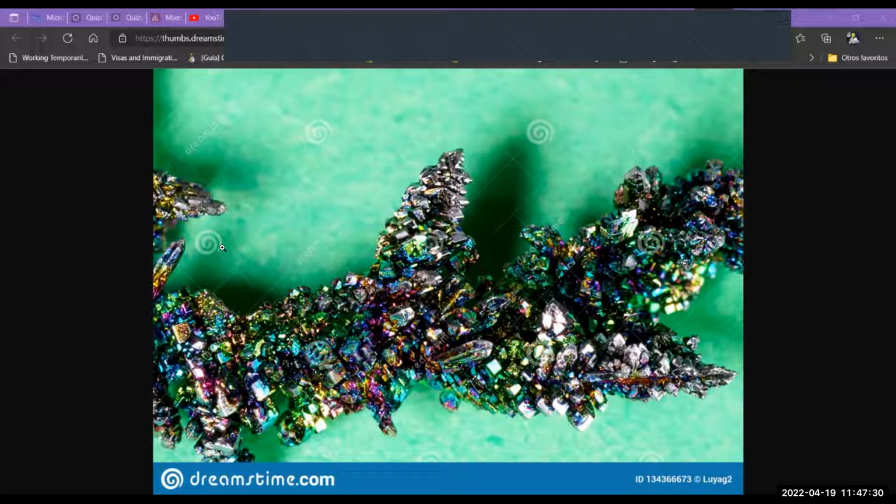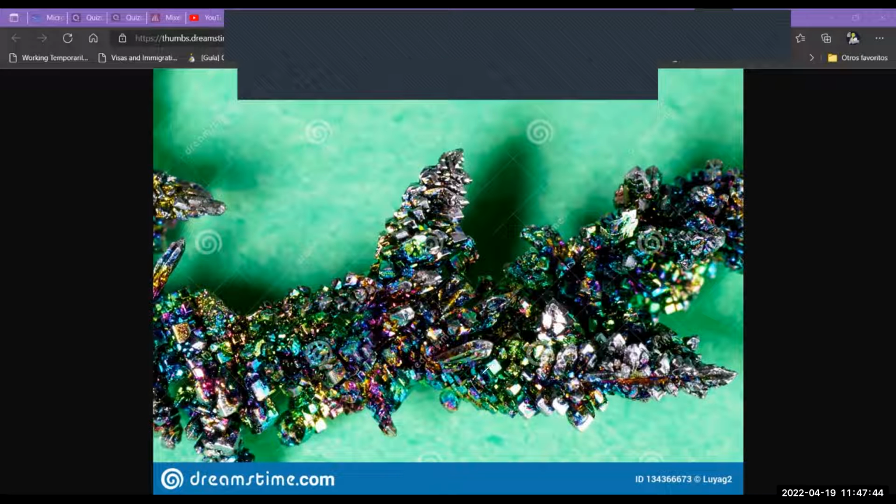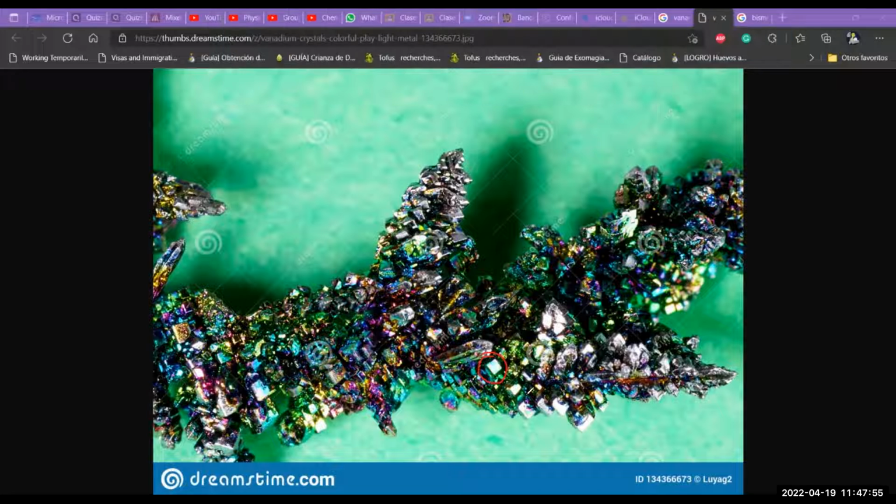Crystallization is a chemical process that many metals undergo. In that case, you can see some of them have a very standard shape, for example a cube. This one right here, as you can see, is a perfect cube.